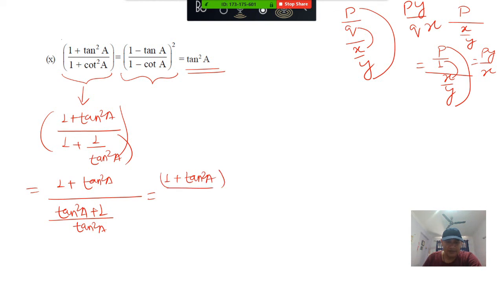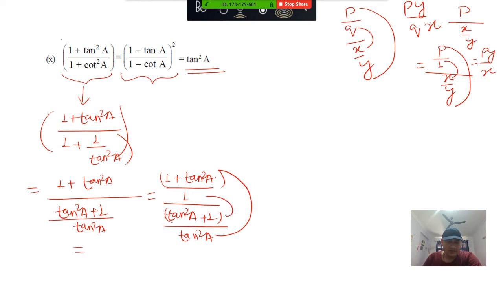Before that we have taken 1, suppose that one, and this is tan square A plus 1 divided by tan square A. Correct? So what is happening? This tan square A is going to the numerator at the top and this is coming here.